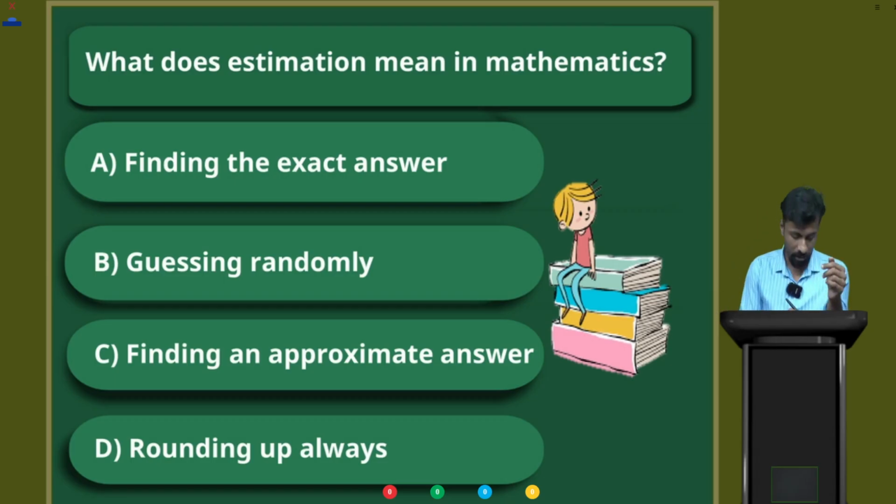So here the correct answer will be finding an approximate answer. Like what? Suppose I am taking an algebraic expression, and I am taking x equals 39.99.